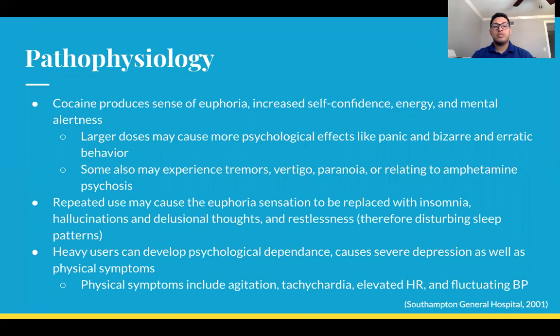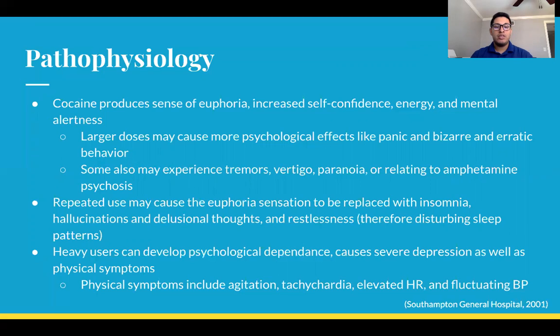Cocaine will produce a sense of euphoria, increasing your energy, self-confidence, and mental alertness. When using larger doses of this drug, it may cause more psychological effects, such as paranoia, erratic behavior, panic, and can even get as bad as tremors, vertigo, and amphetamine psychosis.